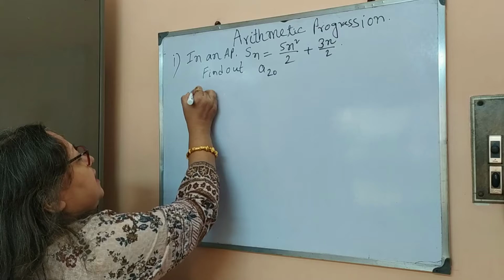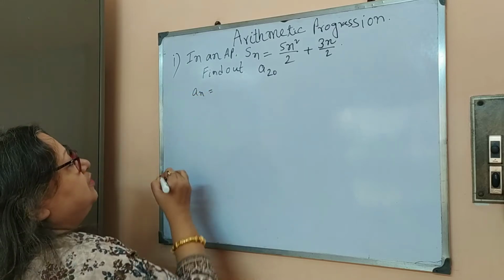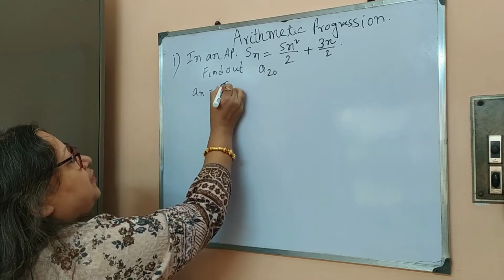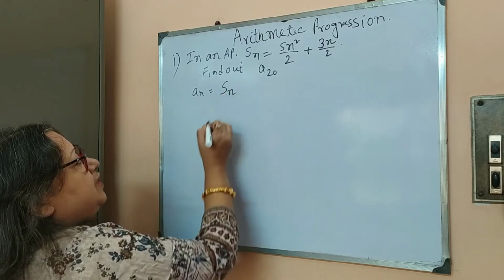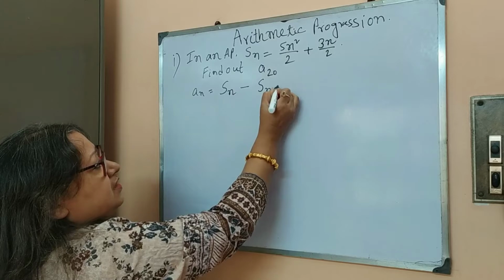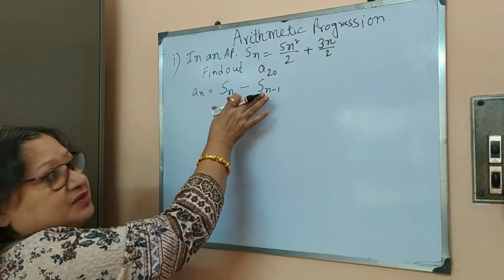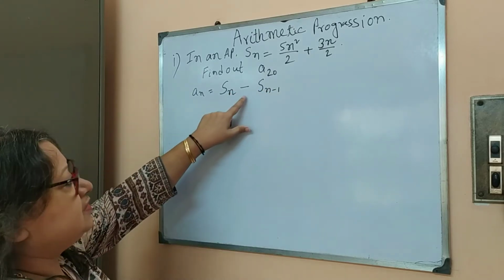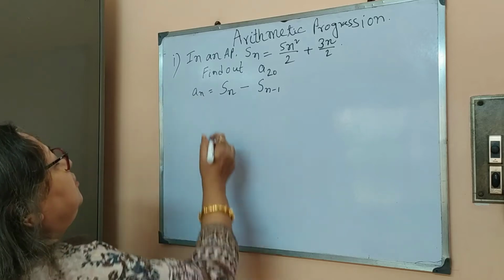Okay. Now, we know that An, that is the nth term, is equal to the sum of n terms minus the sum of n minus 1 terms. We have to use this formula. That is Sn minus Sn minus 1 is equal to An.